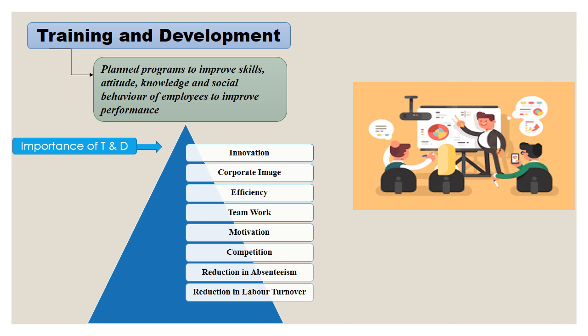So what do we need to understand by this definition? That training is planned programs. It enables to improve skills and thereby improving their performance. Whose performance? Employees' performance. On the other hand, what is development? So development is a long-term learning process, whereas training is a short-term learning process.